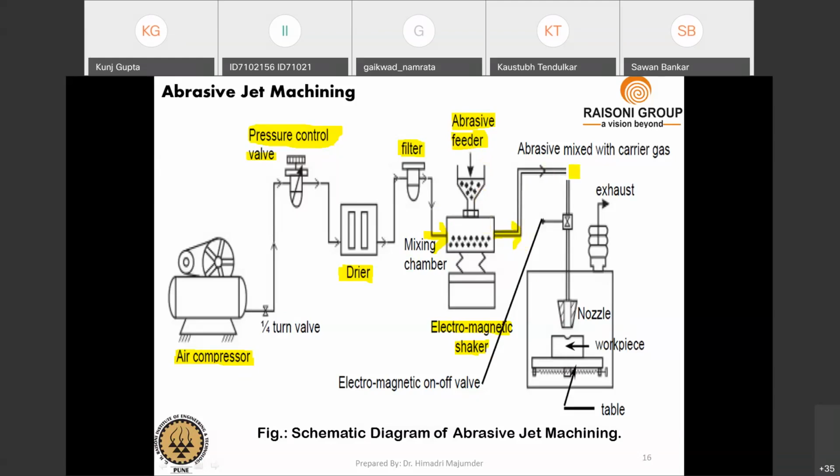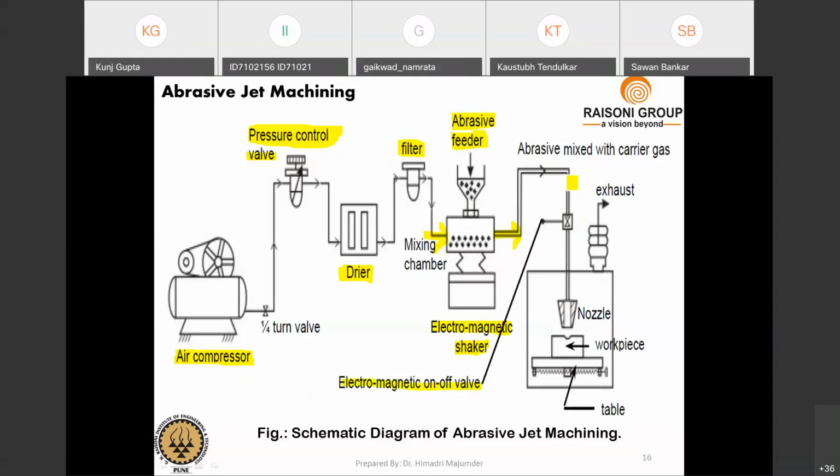Through this pipe, again you will find an electromagnetic on off valve. As per your requirement, you can make it on or off. If you don't need the abrasive jet further, you can make it off, or when needed, you can make it on.